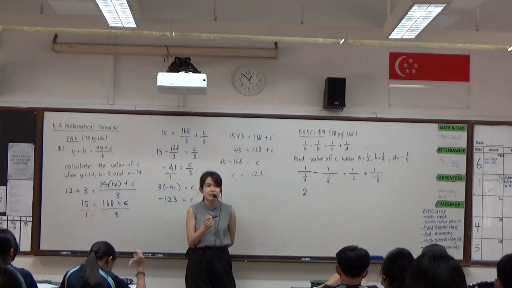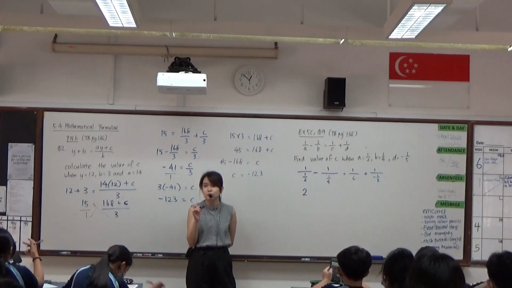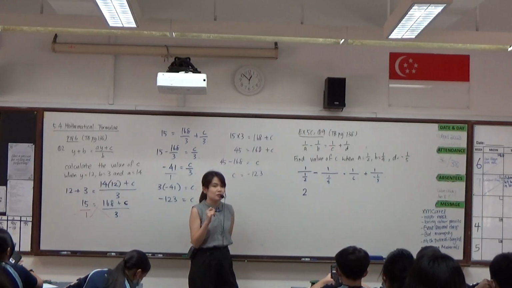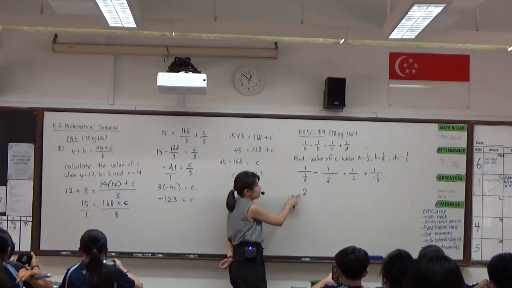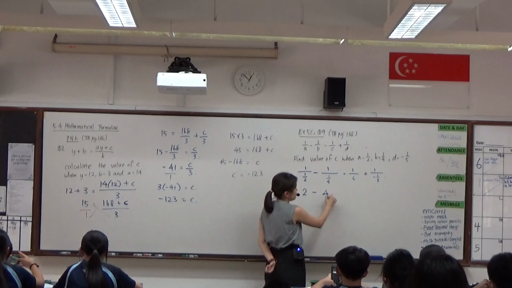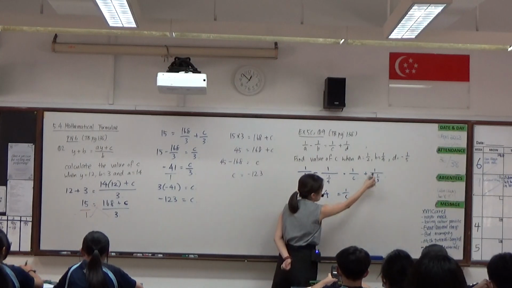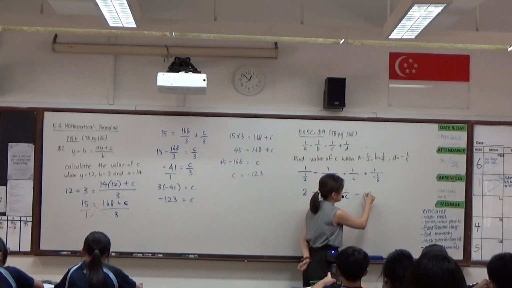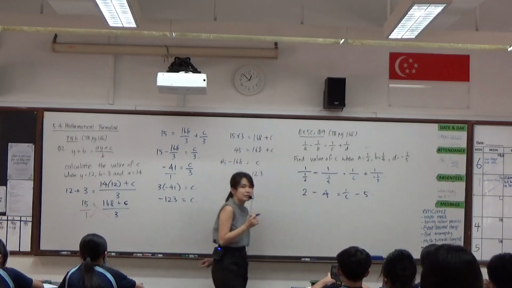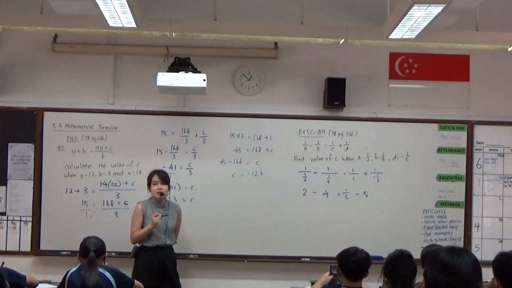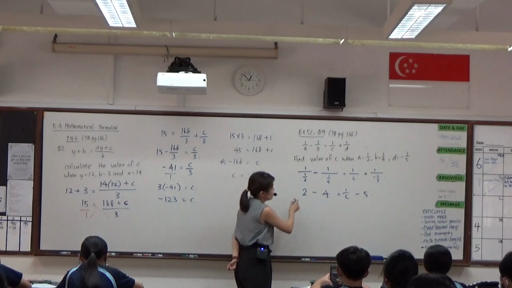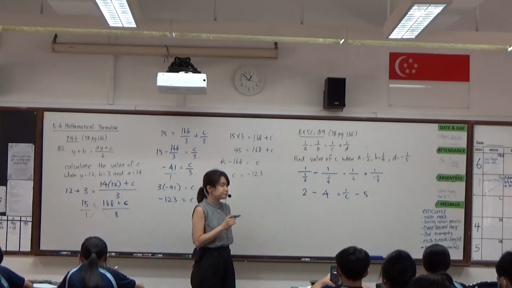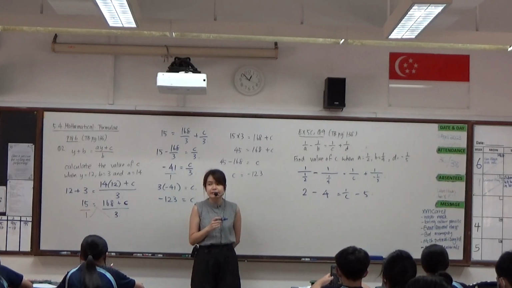Do we all check? You should get 2. Oh, okay. 1/(1/2) is 2. 1/(1/4) is 4. And then 1/(-1/5) is actually -5. So we can actually get integers at the end, and it's definitely easier for us to solve now.